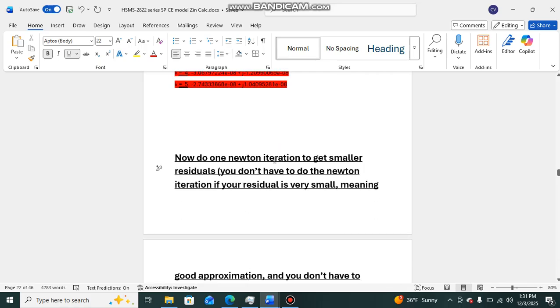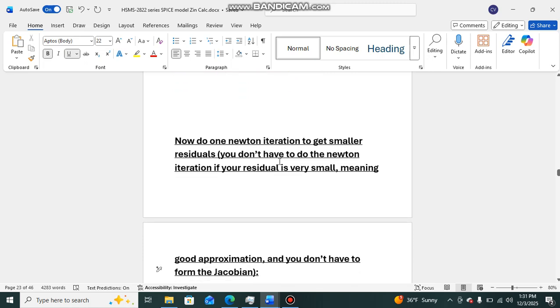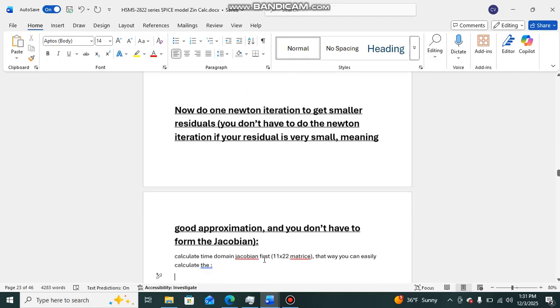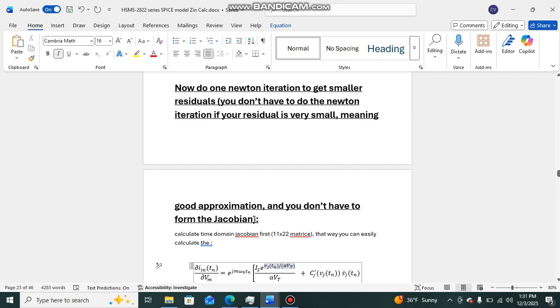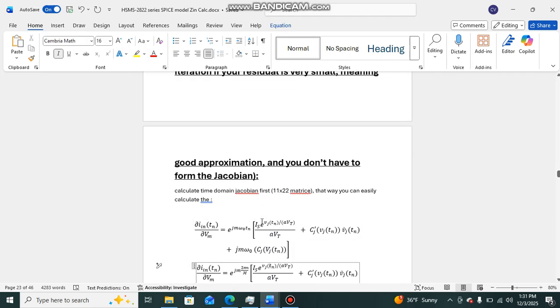So now do 1 Newton iteration to get smaller residuals. You don't have to do the Newton iteration if your residual is very small, meaning good approximation, and you don't have to form the Jacobian. The Jacobian is part of the Newton iteration process. So we will be doing 1 Newton iteration.